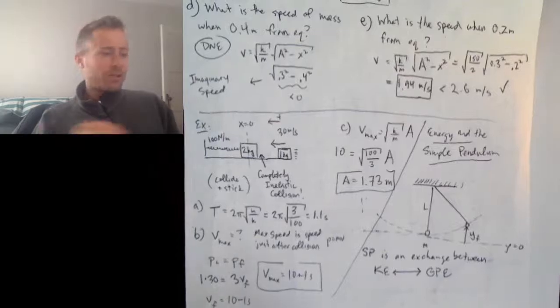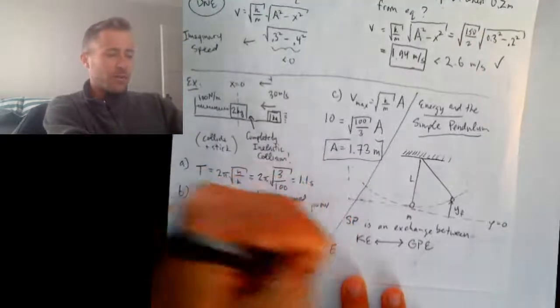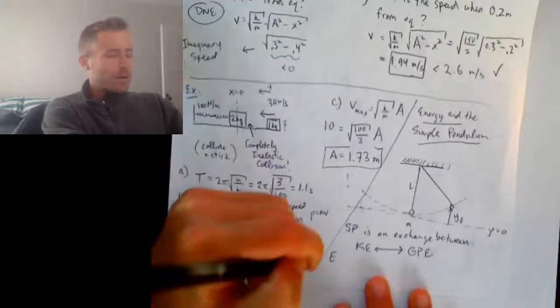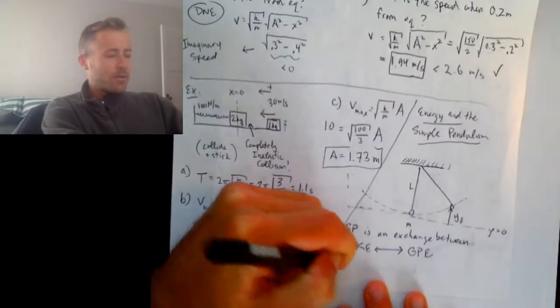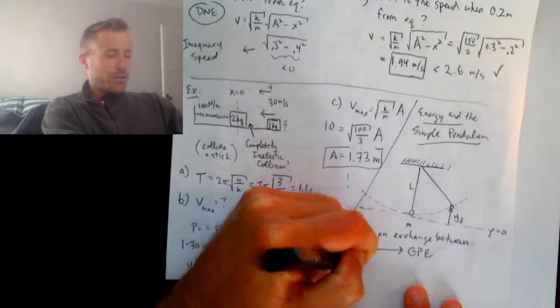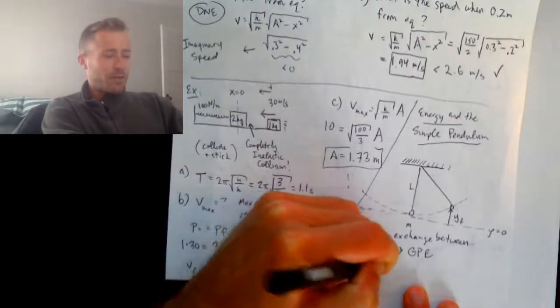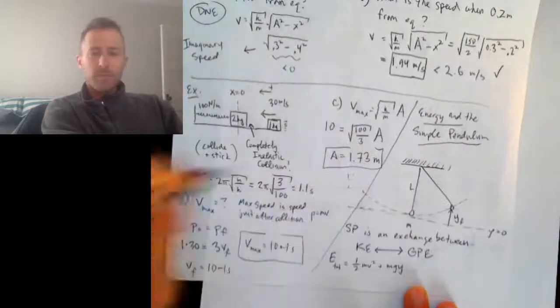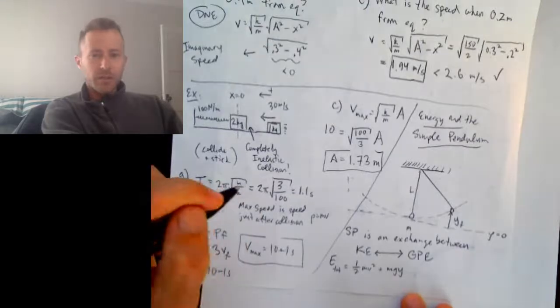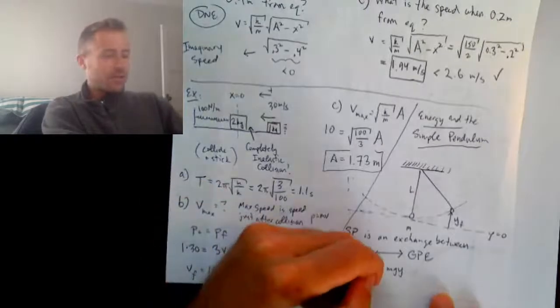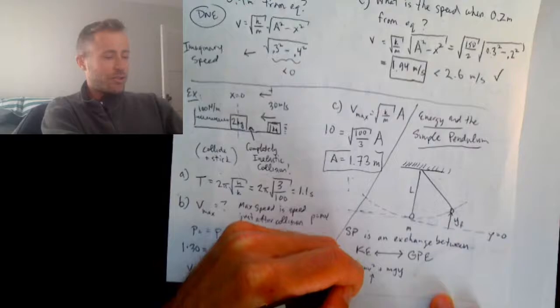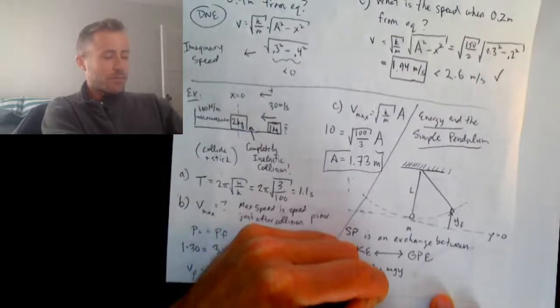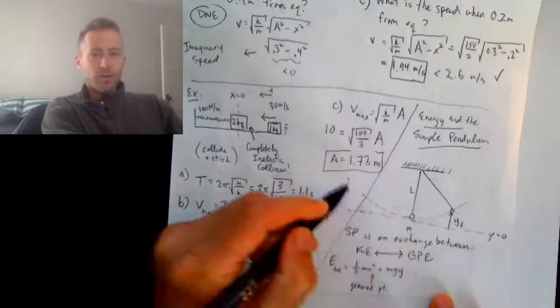And so our energy equation, the total energy of the simple pendulum is going to be 1/2 mv squared plus mgy, because that is the gravitational potential energy. So this is the energy evaluated at a general point, so anywhere in the motion of the pendulum.